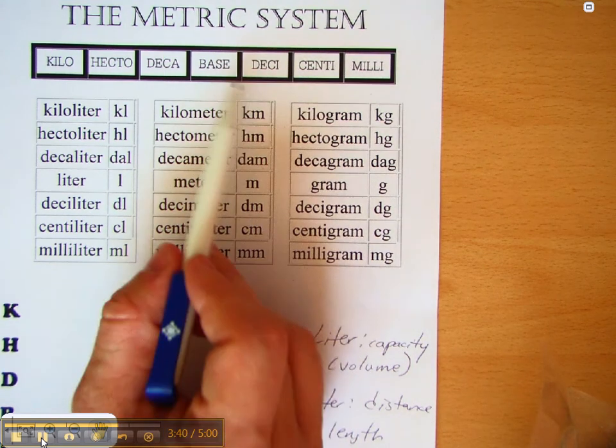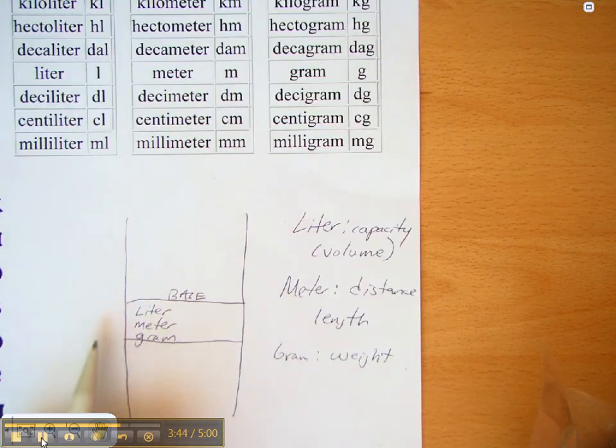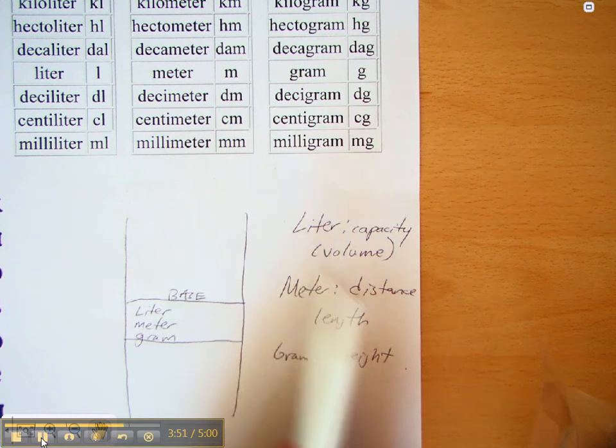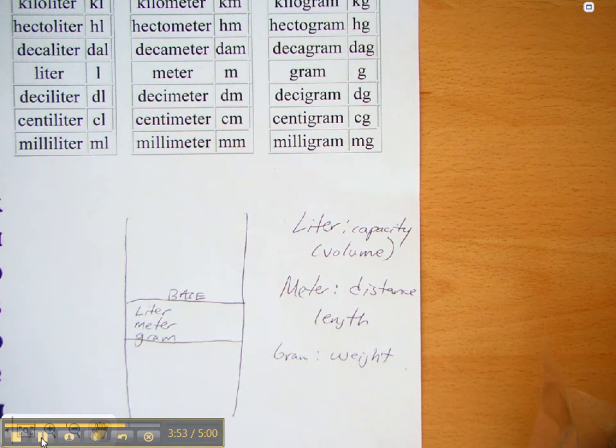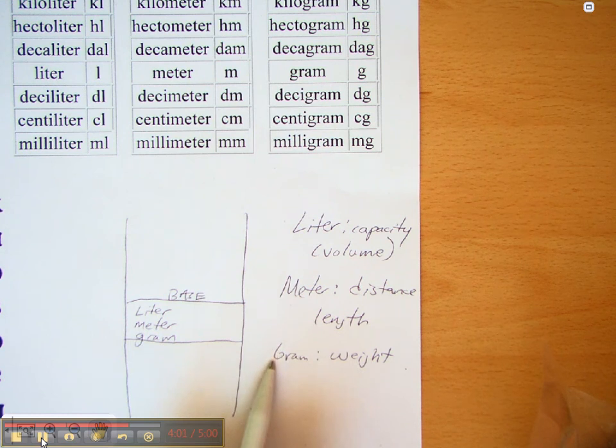Right in the middle of that metric system ladder is what we call the base. And there are three units of measurement that we can look at. Liter measures capacity or volume, or how much stuff can fit inside a container. Meter measures distance or length, okay? And gram measures weight, how much things weigh.